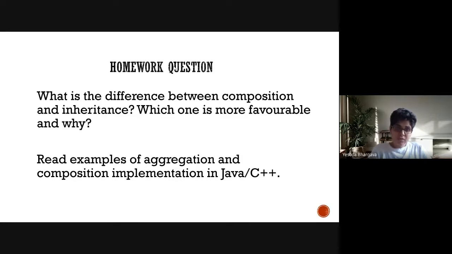Another homework question for you is, now that you know at least on a theoretical level what association, aggregation and composition are, try to find out how these kinds of relationships are implemented in any object oriented language that you are comfortable in.